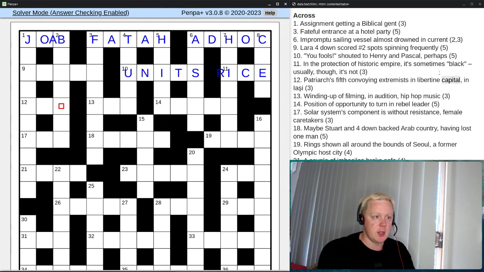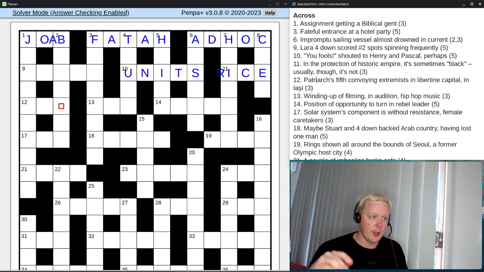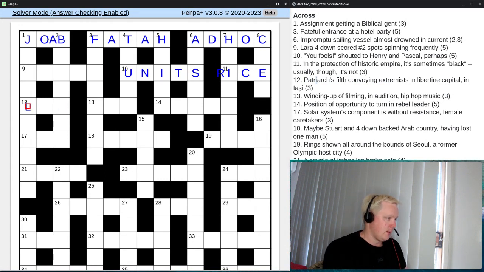Patriarch's fifth would be this I here, the fifth letter of the word patriarch. That is convoying, that is following. Extremists in libertine. So if we take the extreme letters of the word libertine, L and E, we get LE. And LEI is then spelled out by this wordplay: LE followed by the I.